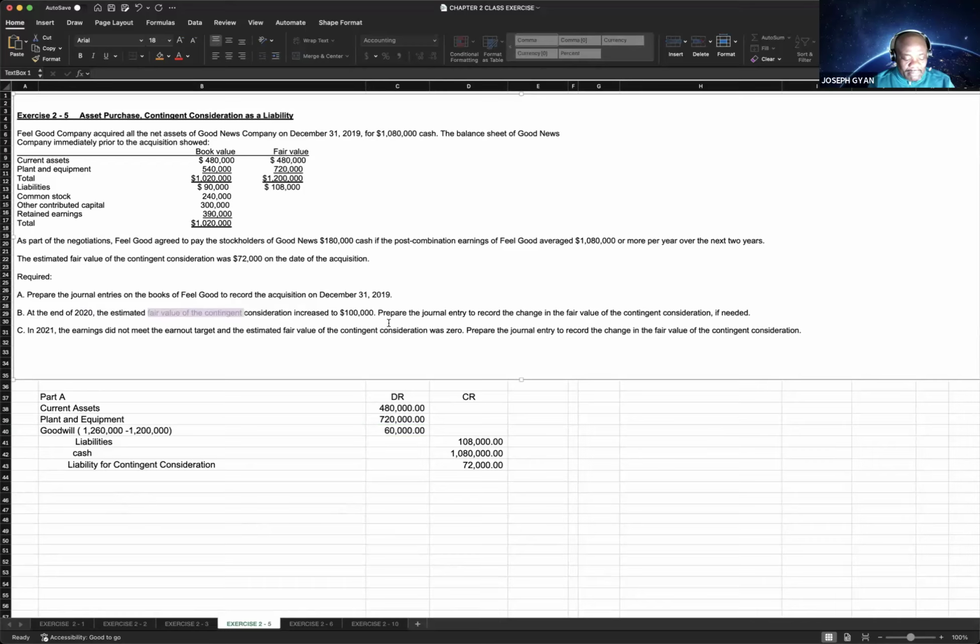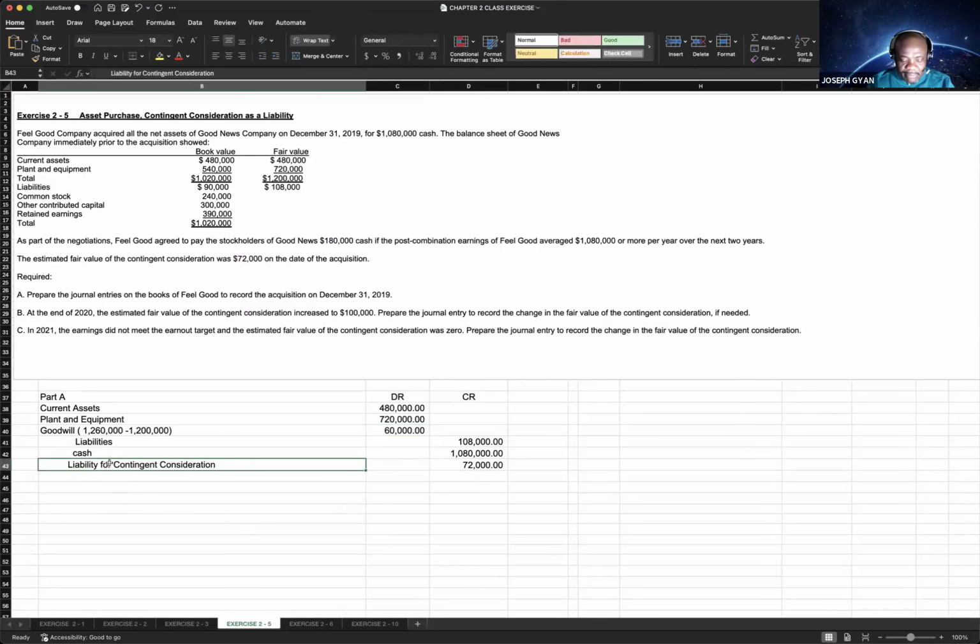Now, B said at the end of 2020, the estimated fair value of the contingent consideration increased to 100,000. The contingent liability that we measured in the market was 72,000. It has gone up, so we have to record the difference, which means that we have a loss because the value is now up.